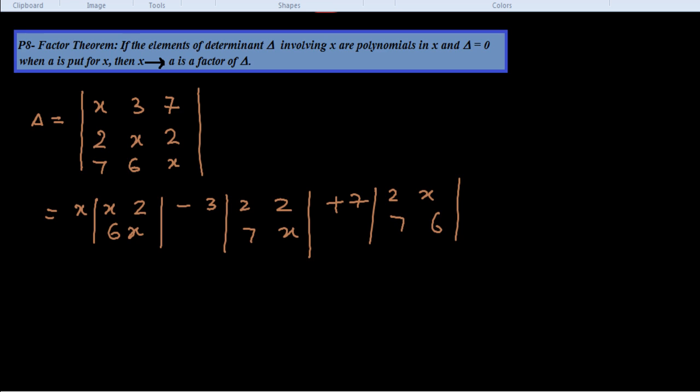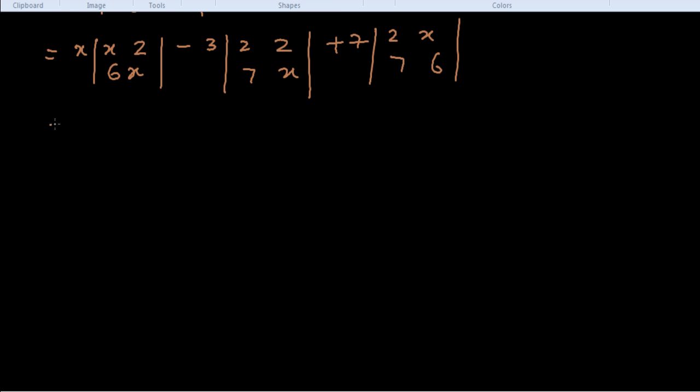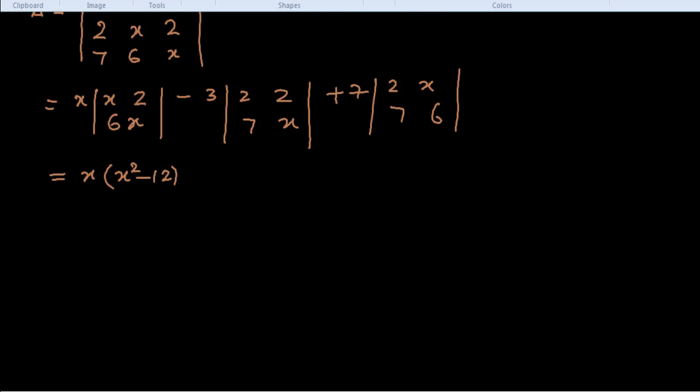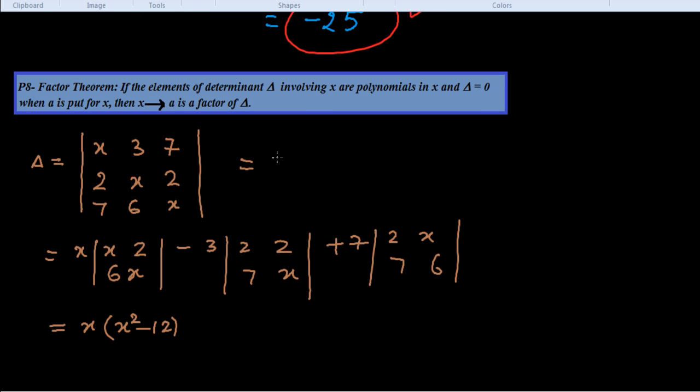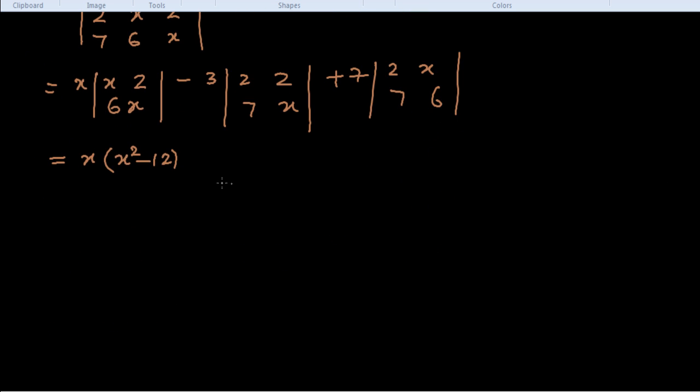What happens now? It is x squared minus 12, and this determinant is equal to 0. They are asking that this determinant value is equal to 0. First we see this: minus 3 times 2x minus 14, plus 7 times 12 minus 7x.